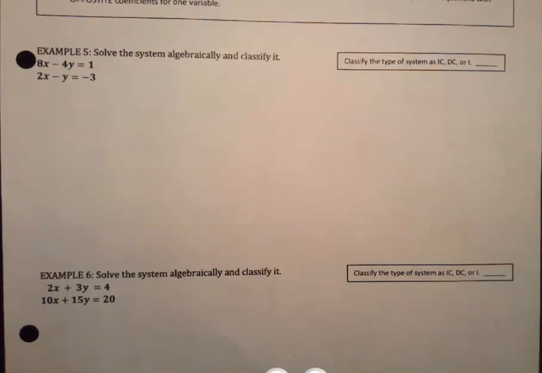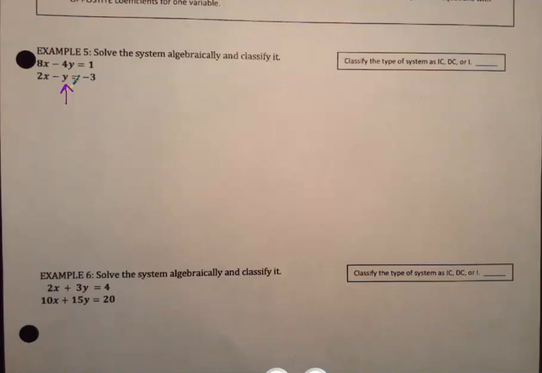All right, so example 5. Let me erase this. Solve the system algebraically and classify it. We have 8x minus 4y equals 1, 2x minus y equals negative 3. We do have a variable by itself, so we could solve for y and use substitution.